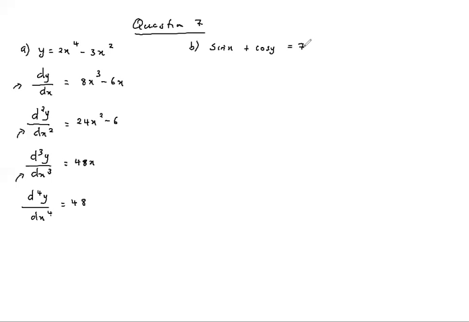So we first differentiate sine x, we get cos x, minus, we differentiate cos y, it is negative sine y, but because that's where there is y, we put dy/dx is equal to 0. And then to solve for dy/dx, we take the cos x the other side. When you divide by negative, it will remain positive.